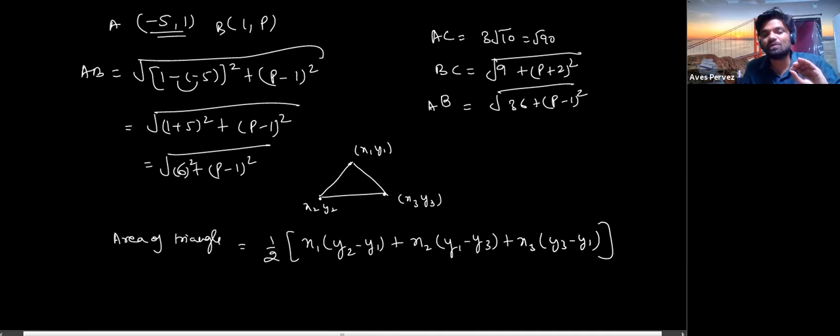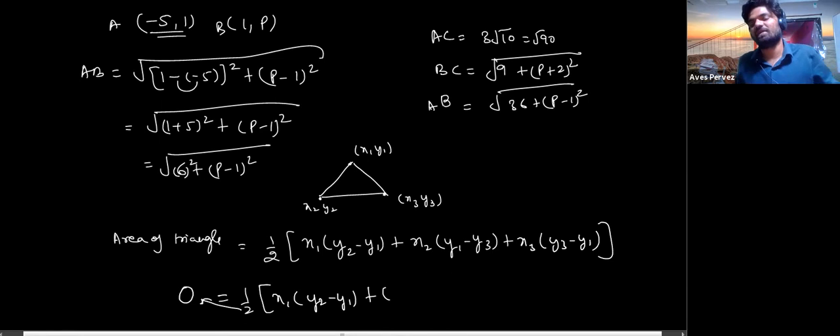So we will put the value as 0, and this half is in multiplication, so the 2 goes to the other side and this becomes 0. We only need to solve this expression: x1 bracket y2 minus y3, plus x2 bracket y3 minus y1, plus x3 bracket y1 minus y2. So please try to solve this by putting the values, then I will help you.